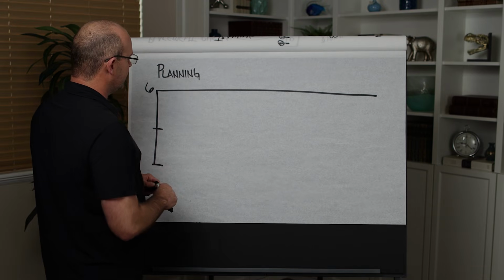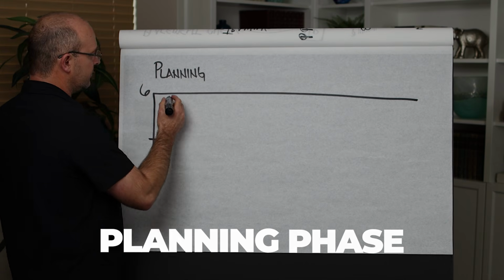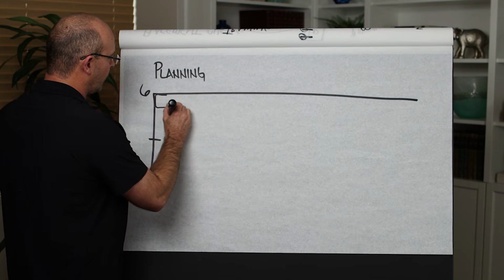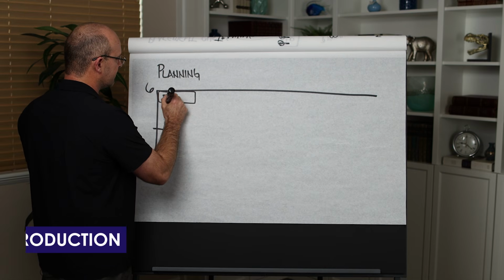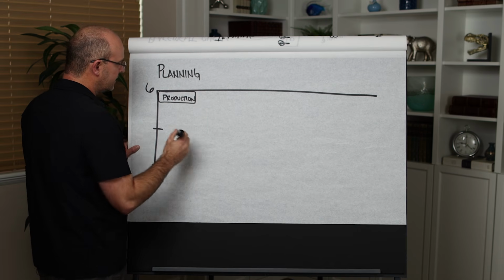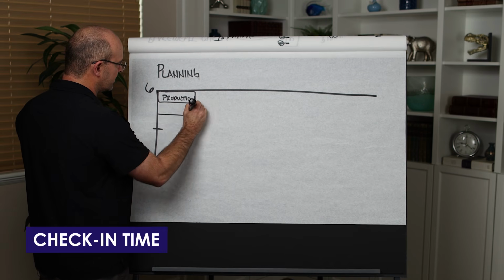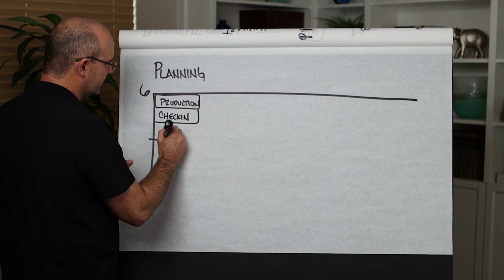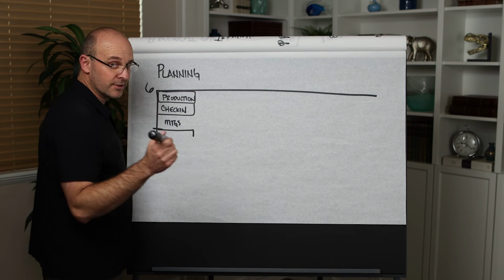If you're a field engineer in the planning phase, when you get into the office, you're gonna want to get some good quiet time. I'm just gonna label this as production. If you are with a team, this is going to be your check-in time. You might have a couple of meetings throughout the day, so I'll write down meetings, and this is pertinent information.